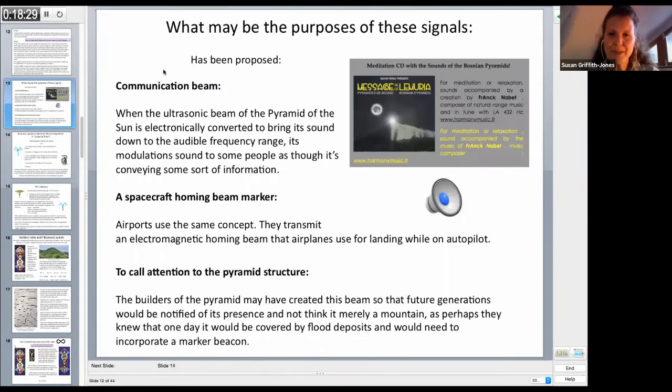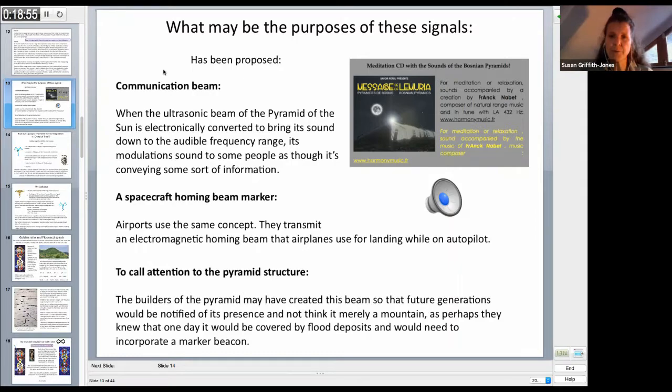Now, what may be the purpose of these signals? It has been proposed, and we talked about it before, that it's to do with well-being and health, a place where people can come and recalibrate and realign themselves. And Sam has often said that this may have been the purpose of the pyramids, simply that.